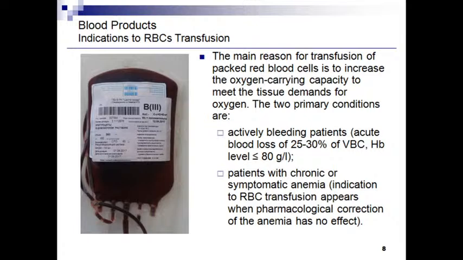First, actively bleeding patients, when acute blood loss is 25 to 30% of the total volume of circulation, and the level of hemoglobin is less than 80 grams per liter. And second, patients with chronic or symptomatic anemia. The indication for RBC transfusion appears when pharmacological correction of the anemia has no effect.